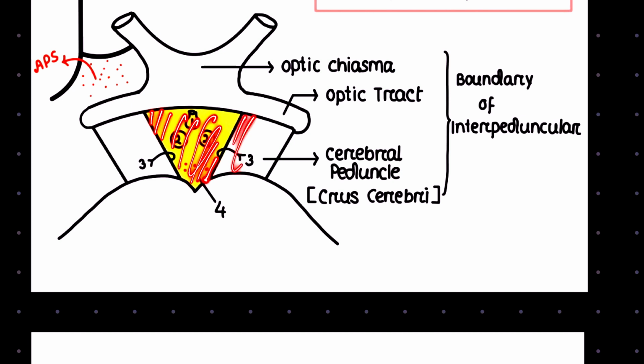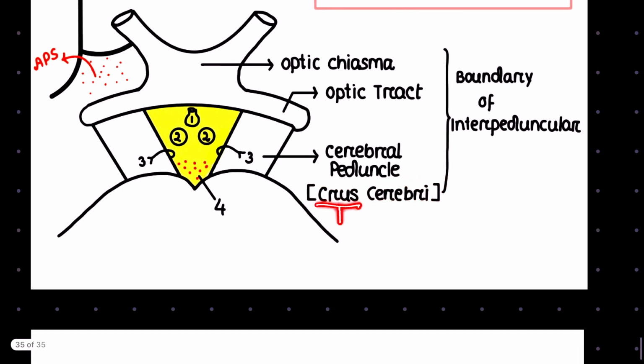These cerebral peduncles are also called crus cerebri. Why is it called crus cerebri? Because crus stands for white matter, so the cerebral peduncles are part of the white matter.